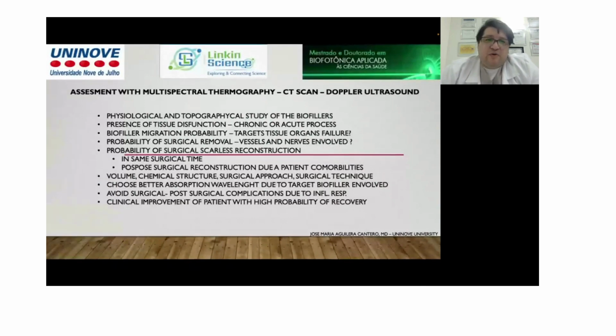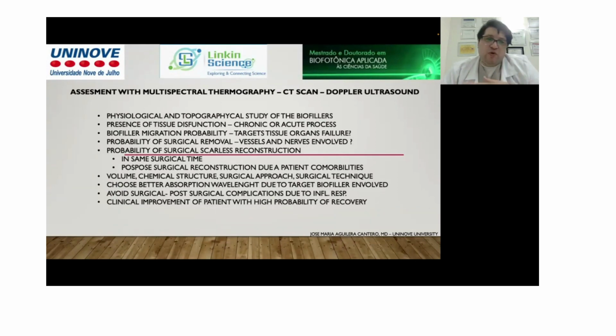We have a great possibility of surgical removal. There are nerves and vessels involved. Also, how our surgical scar will be at the time of the removal. Is it possible to do the reconstructive surgery in the same surgical time, or do we have to postpone due to patient comorbidities?